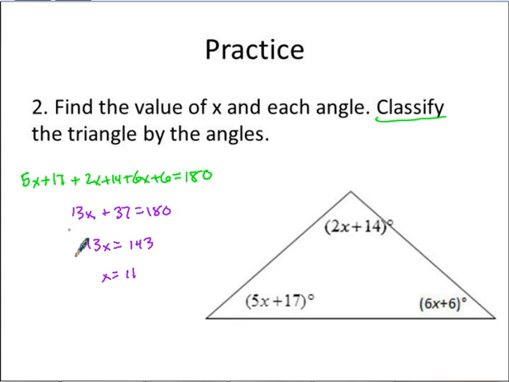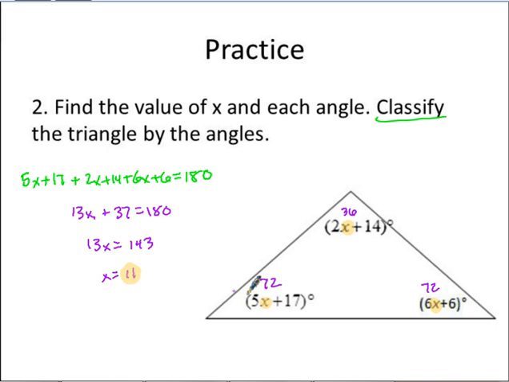Then it says to classify the triangle by its angles. To do that, I have to plug the 11 back in, into each one of these to find that angle value, that one, and that one. So let's do that. 5 times 11 is 55, plus 17 is 72. 2 times 11 is 22, plus 14 is 36. 6 times 11 is 66, plus 6 is 72.